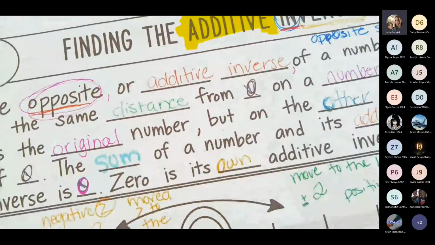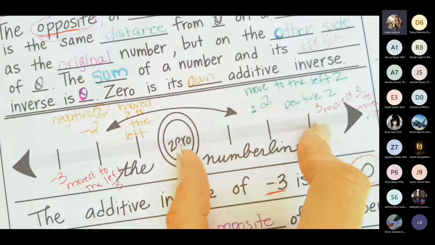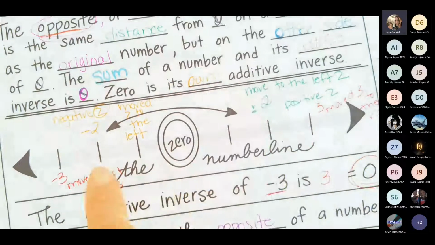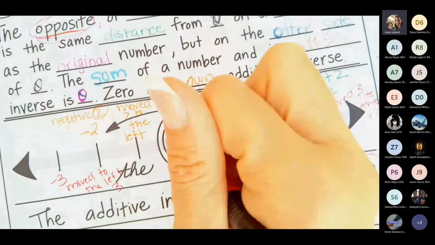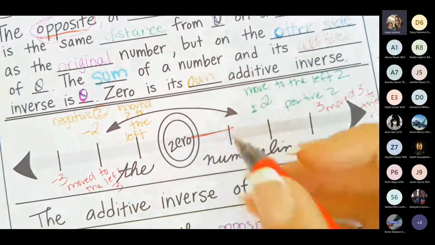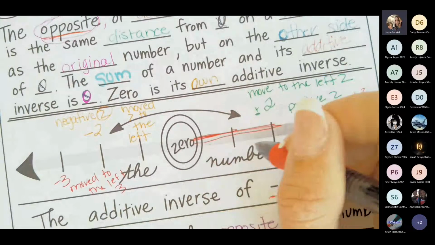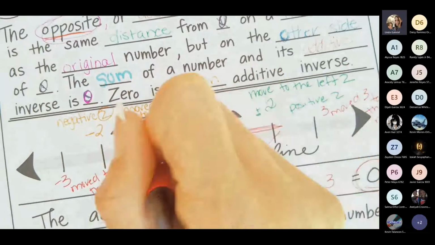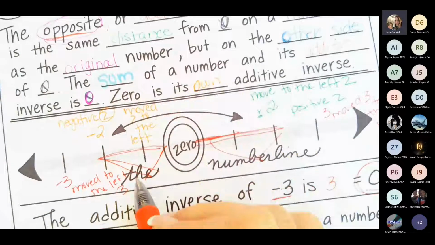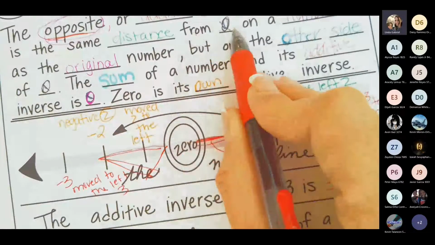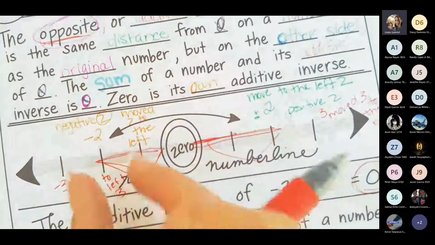But the distance from 0 is going to be a measurement, right? Our 0 is going to become our plot point, our starting point. And if I go a distance of 2 over here, I have a value of 2, and then I go 2 over here, that means my absolute value is still 2, even though I'm on the negative side, because I'm taking the opposite of these two numbers.